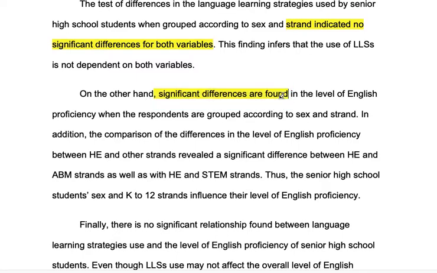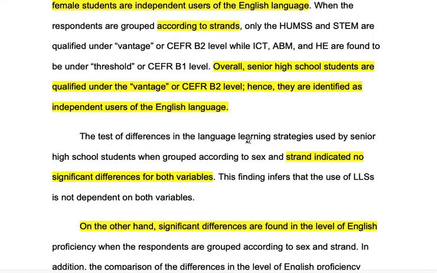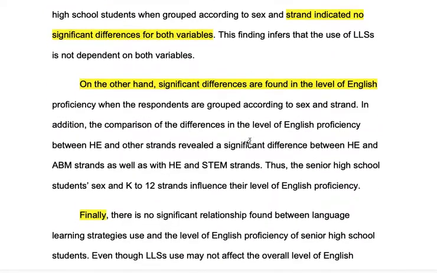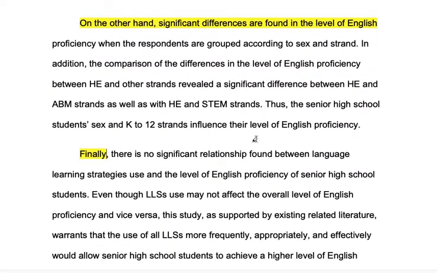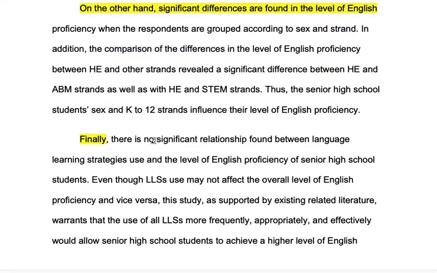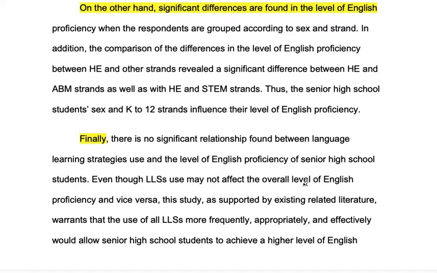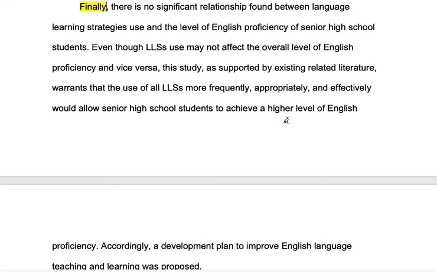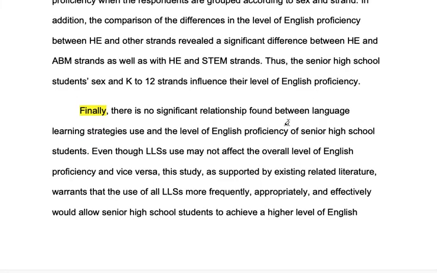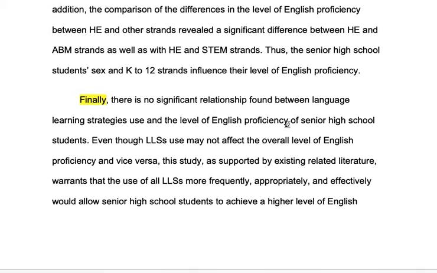Write it down like this. And do not forget to write transitional devices. We have on the other hand, finally, so these are transitional devices that could help you connect sentences to other sentences. Next, finally, for your last research question, you write the summary of findings here, right? So that's how we simply write the summary of findings, which is a section under the conclusions and recommendation.